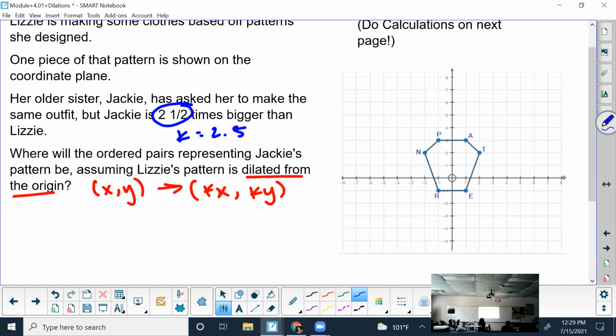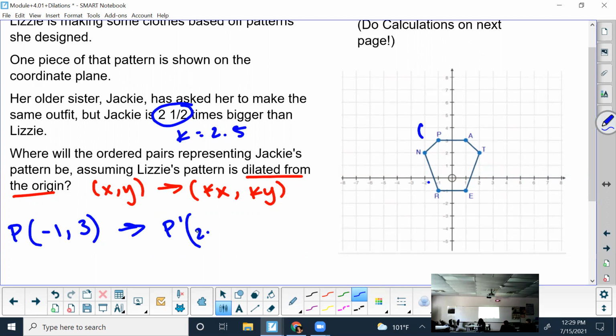I know you'll probably need more than just this one slide to show your work, so the slide underneath it is the same. You can show your work there, but identify all your original coordinates. So we have P is -1, 3. And then P prime, we're going to apply that rule.